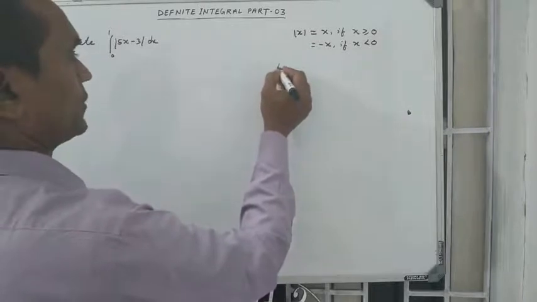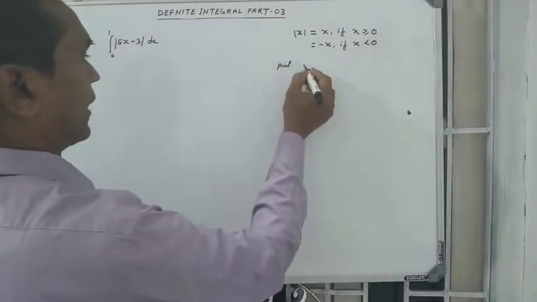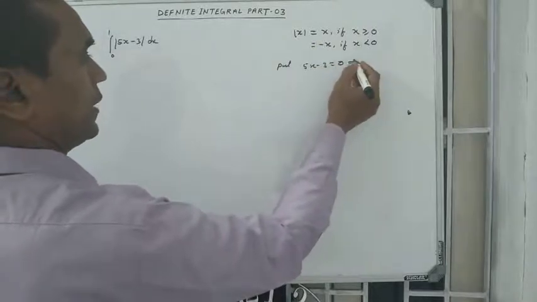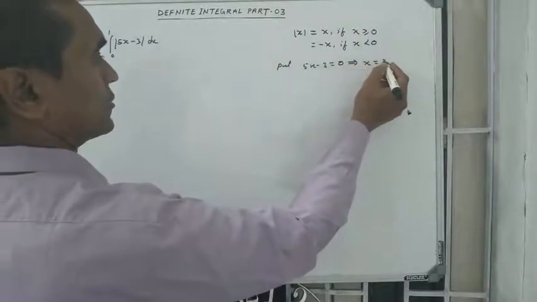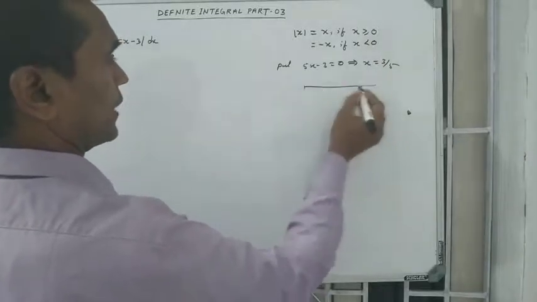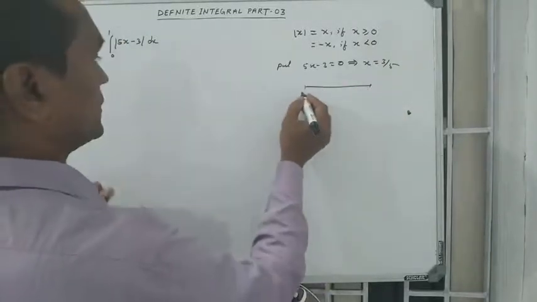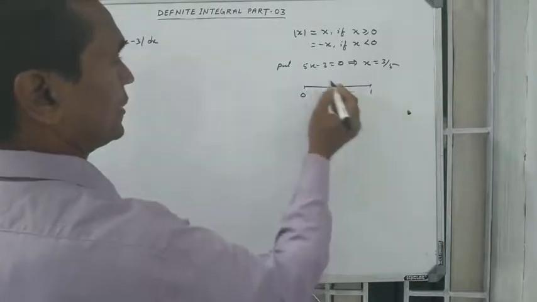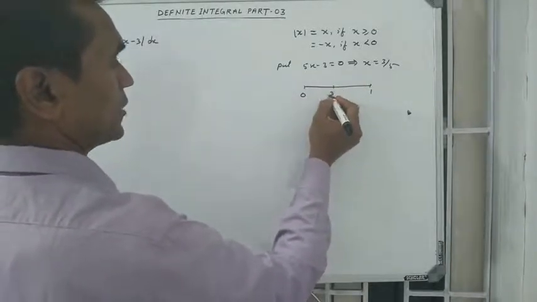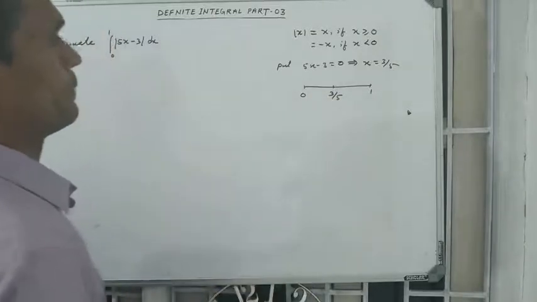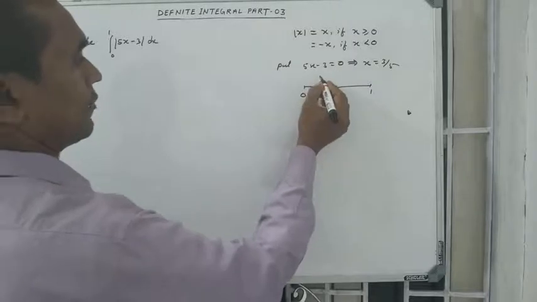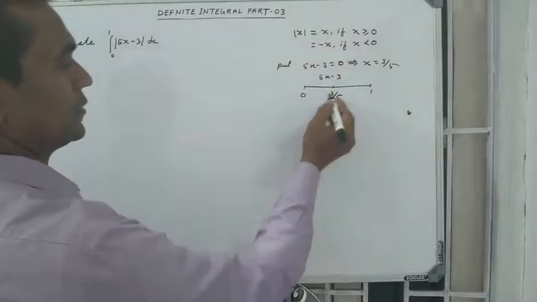For that we put 5x minus 3 equals 0. This will give x equals 3 by 5. Now on the number line, the lower limit is 0, the upper limit is 1, and 3 by 5 will be in between. Now you find the sign of the value 5x minus 3.